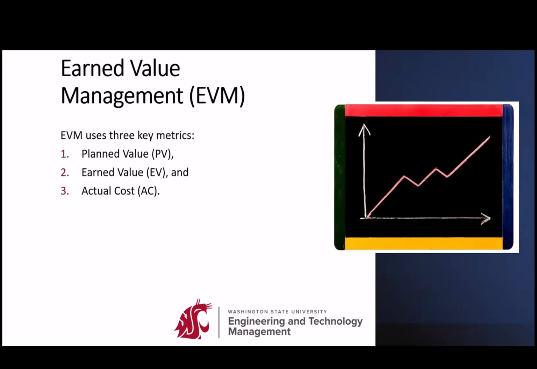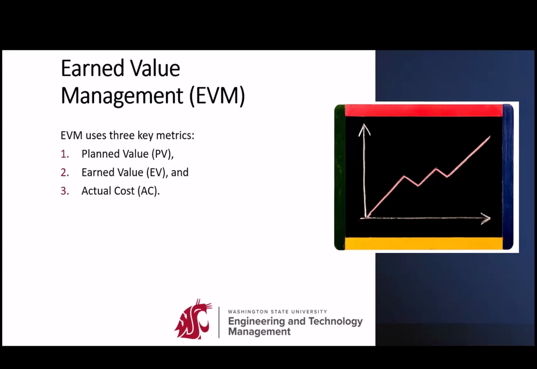So earned value management is a tool or a technique that measures the performance and progress of a project. It's based on three key metrics: the planned value, which is what we planned to do; the actual cost; and the earned value. We can make some assumptions based on these three key metrics.